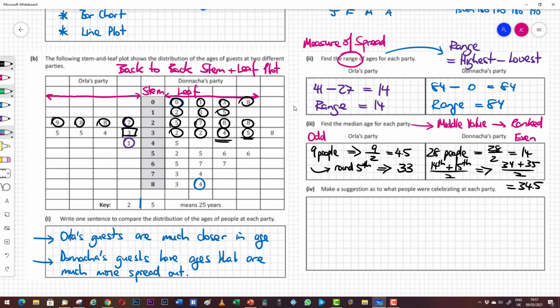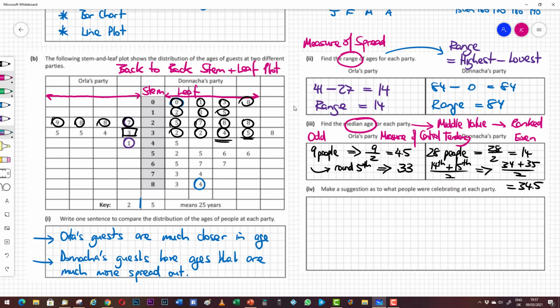And that's why when we take a measure of spread together with the median, which is a measure of central tendency, and we'll write that down, we get a better picture of what's going on.